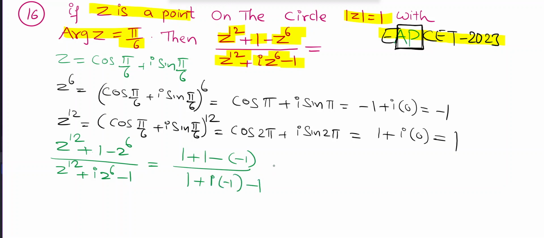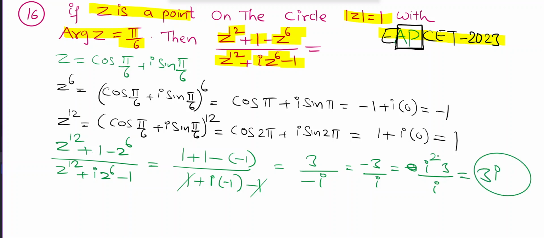Here 1 plus 1 plus 1, this is 3 by, so here 1 cancelled. That is equal to 3 by minus i, this is equal to minus 3 by i. Here minus 1 is written as i square, into 3 by i. One i is cancelled. That is equal to 3i. This is the required answer.